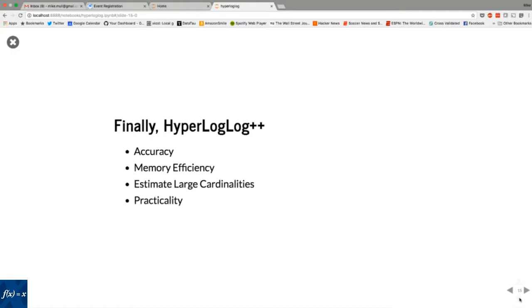Memory efficiency is a main issue of theirs. And in particular, they talk in the paper about how one of their goals was if they don't need to use as much memory as HyperLogLog would normally use, then they don't want to. And I'll talk a little bit about some of the optimizations they make there.